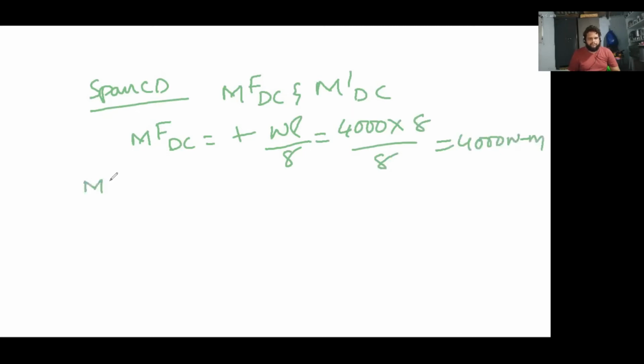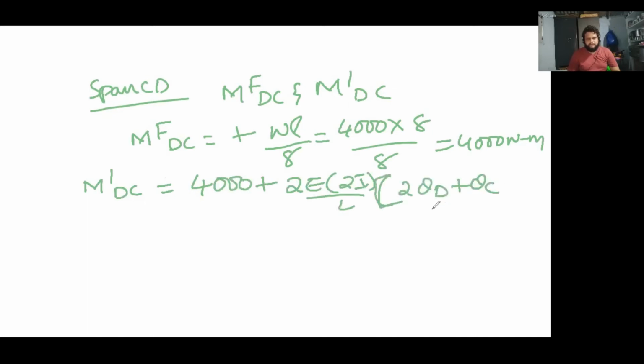Now if you want to write the slope deflection equation, M dash DC equals 4000 plus 2E times 2I by L into 2 theta D plus theta C minus 3 delta by L. Again theta D and 3 delta by L are 0. This is for the fixed end, and there is no sinking in the CD span. That is the reason both of the terms become 0.